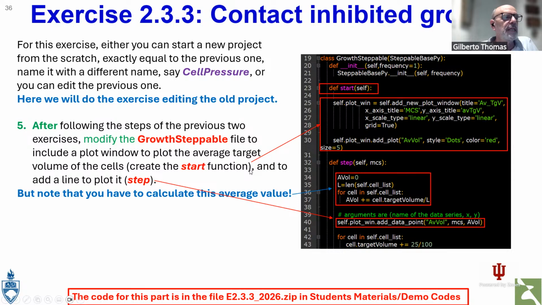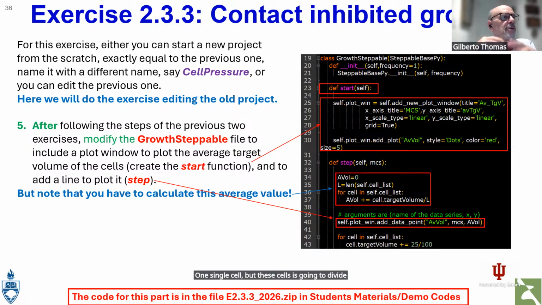And what you're going to do is keep track of the average target volume of the cells. We are going to start with one single cell, but this cell is going to divide.